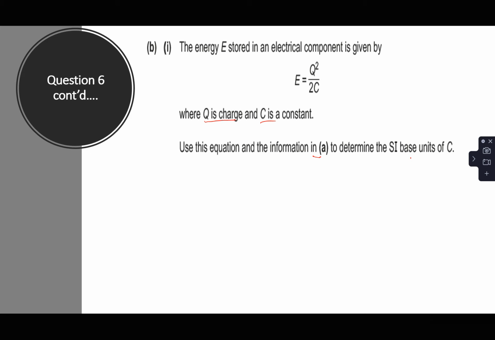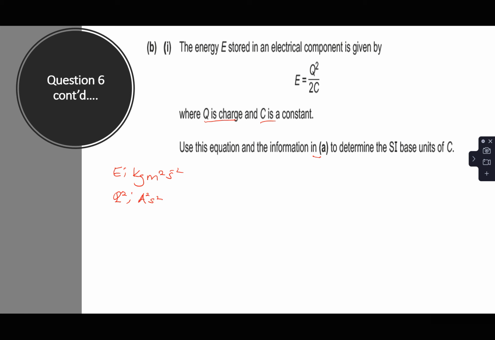So question 6, we had already seen that the base units of energy are kilogram meters squared per second squared. So we are going to use this to solve this part of the question. Remember, Q is charge, so the base units of Q squared are going to be ampere squared seconds squared.